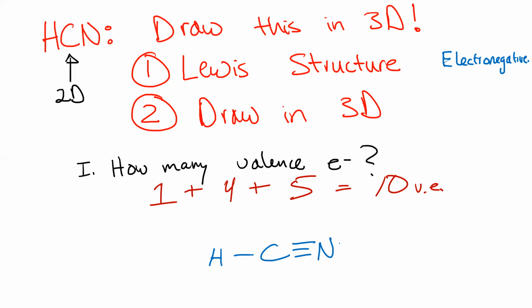Had I given this to you on an exam, you would have come up with this structure. Yes. Perfect. Okay. Now, with that in mind, does it make sense if I say that the carbon, the central atom, is linear geometry?